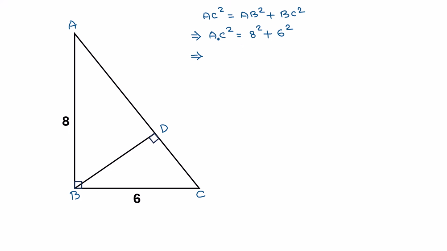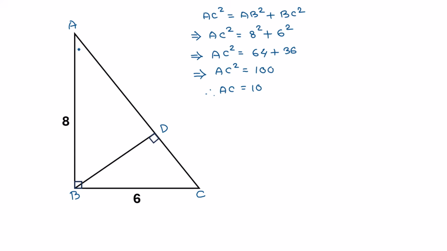Or AC square is equal to 8 square is 64 plus 6 square, this is 36. Or AC square is equal to 64 plus 36, this is 100. And taking a square root on both sides, we get AC is equal to square root of 100, this is 10. So this hypotenuse is 10 units.